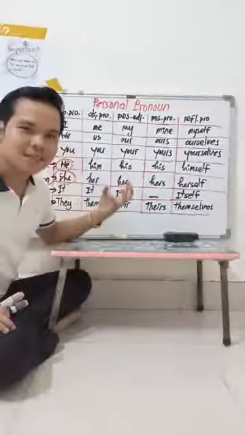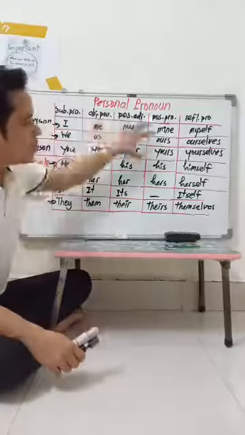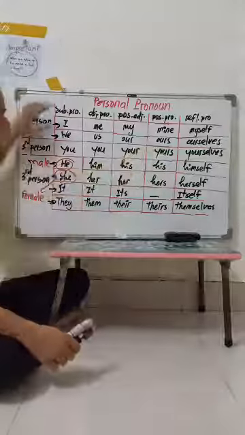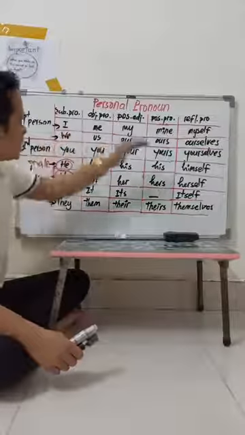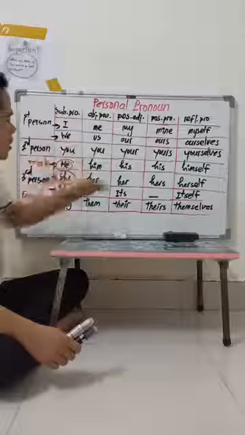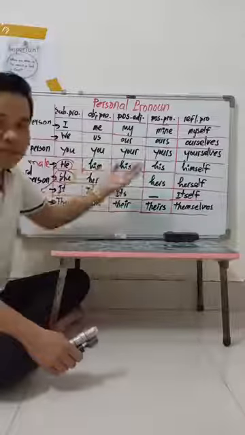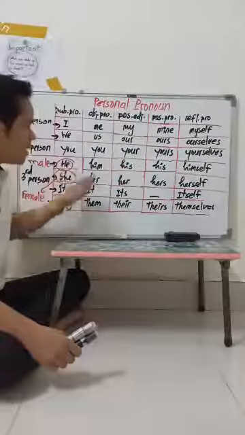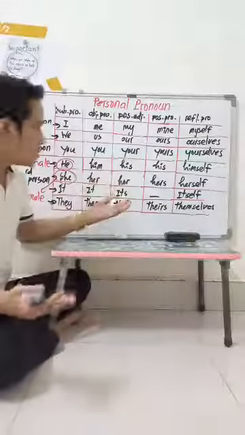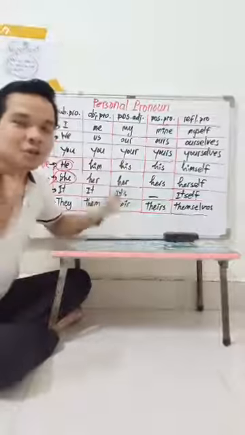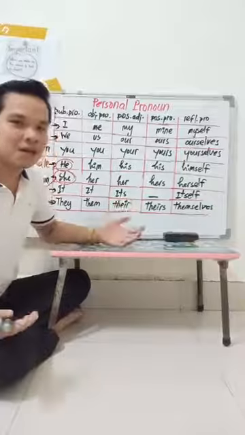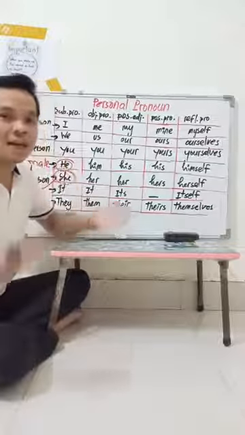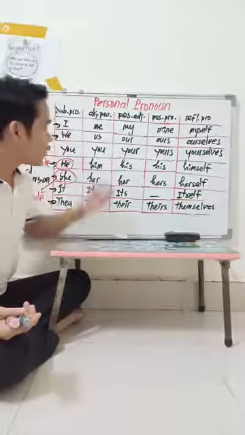Now how to use it. You just see I, me, my, your, we, us, ourselves, you, your, yourself, he, him, his, himself, she, her, herself, like that. But how do we replace from a noun?